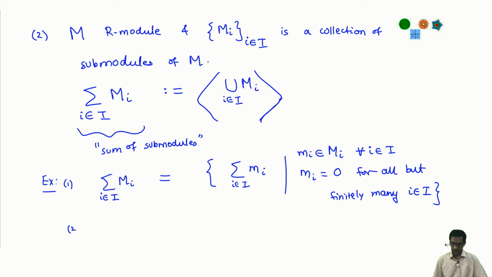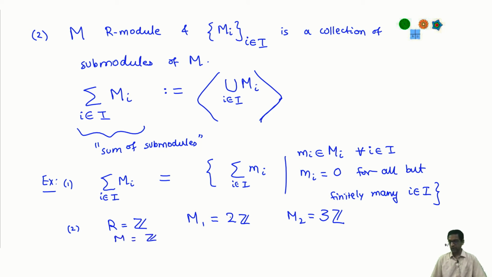Let's do another example here. If I take R to be the ring of integers, and I take two submodules to be, say, 2Z, by which I mean all the even numbers, and the submodule 3Z, which is all the multiples of 3. So the ring is Z and the module is also Z here. I'm taking the ring thought of as a module over itself.